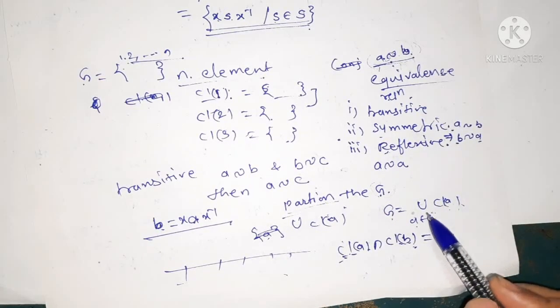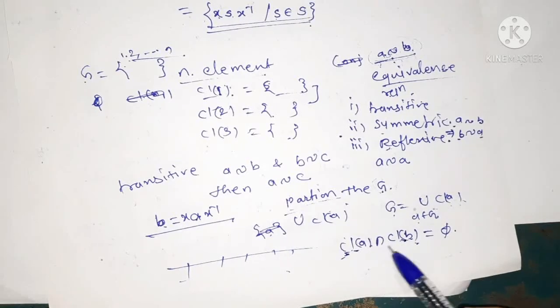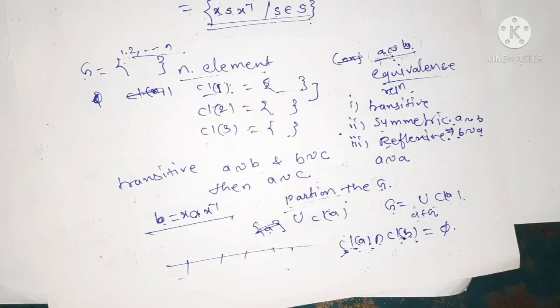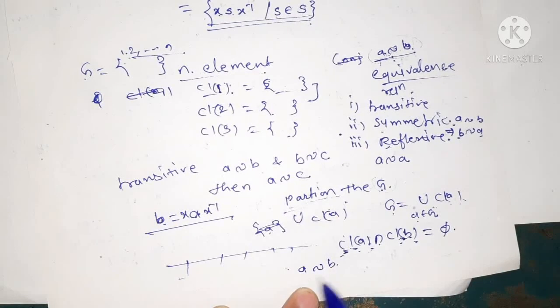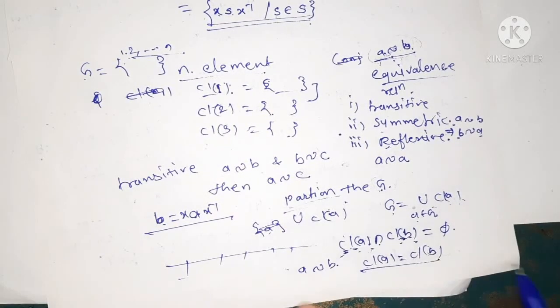And if A is equivalent to B, then the conjugate class of A is equal to the conjugate class of B. That is, if any two elements of a class are equivalent, then the conjugate classes are also equal. We will see all this in detail in the next lectures. Thank you everyone.